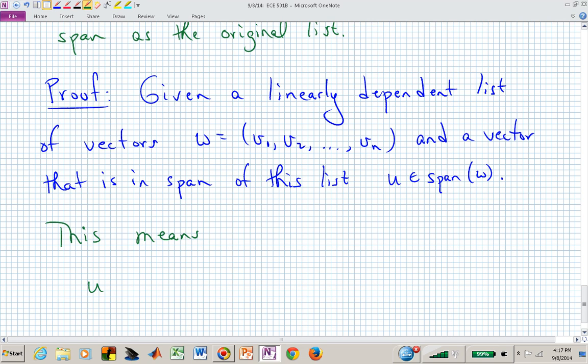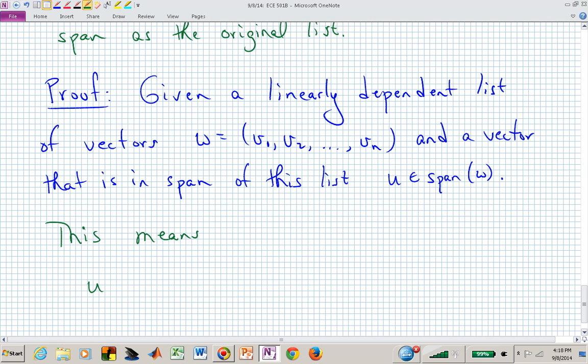What does it mean for u to be in the span of W? How would you write that? Correct. So we simply have to express it as a linear combination of the vectors, and a linear combination just means we take scalars from our field and scale the vectors and add them up.